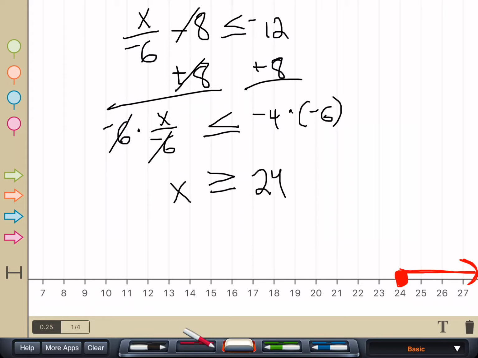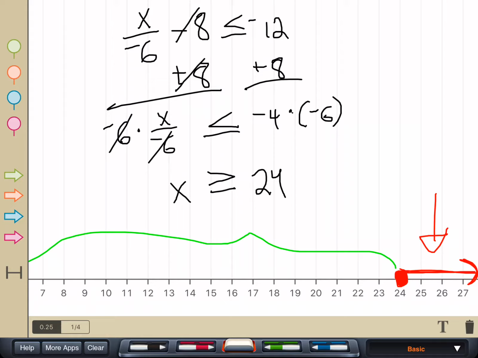Okay? Now, again, by changing the sign, we're changing it from less than or equal to, to greater than or equal to, and it's saying that these numbers are not going to work. It's the numbers on this side that are going to work. Okay? So let's just test this out. Let's grab a random number here. Let's say we're going to use 20.